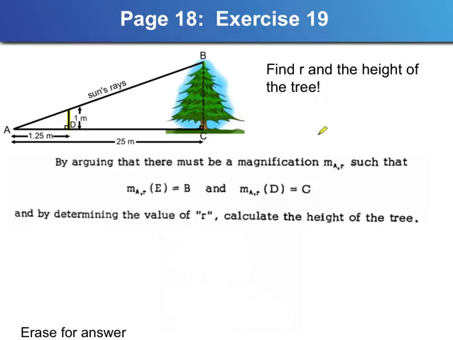So, since that's the case, I should be able to determine the height of the tree and R. Press pause on your video. Try to figure out the answer to the problem. When you're ready for the answer, press play again.